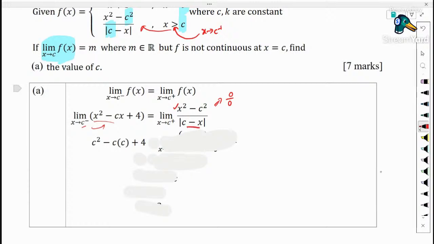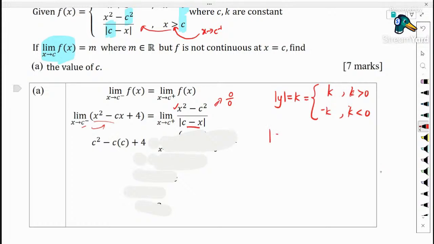Let's see how we define the modulus. When I have modulus of y equals k, it is defined as positive k for k greater than 0, and minus k for k less than 0. Equal to 0 is not discussed here because by right, you cannot have it equal to 0.